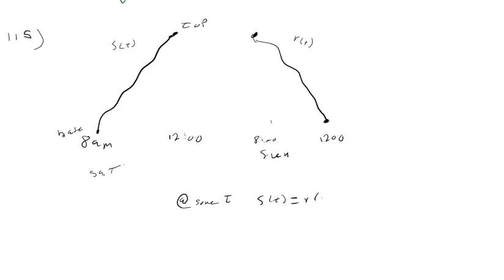At some t value, these two functions are going to be exactly equal. I don't know what time, and I don't know what height, but somewhere they are exactly matching. And it says to use the intermediate value theorem to do this.